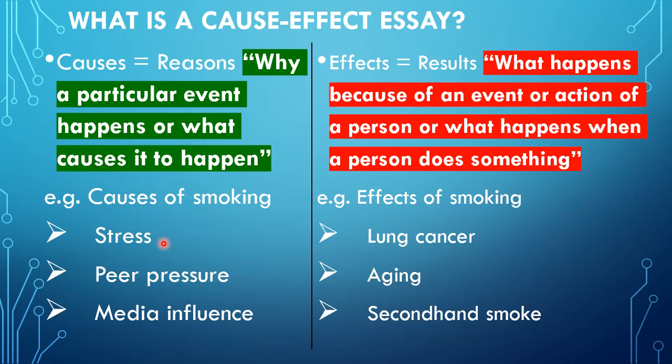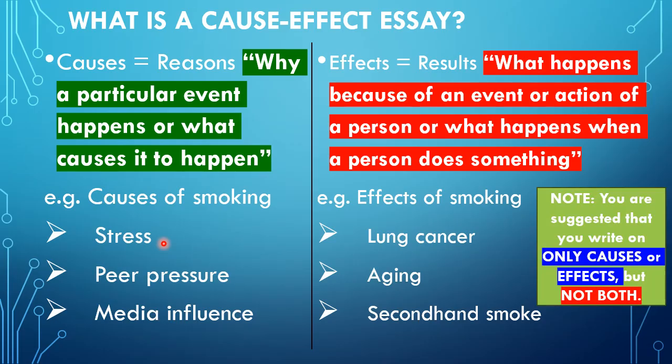Right, so when you smoke, what happens? You get lung cancer. You age faster. You make people around you smell the smoke from your cigarettes. But the thing is, just like our previous type of essay, the cause and effect essay wants you to focus on only one side, which means that you are suggested to write on only the causes or the effects of the subject, but not both.